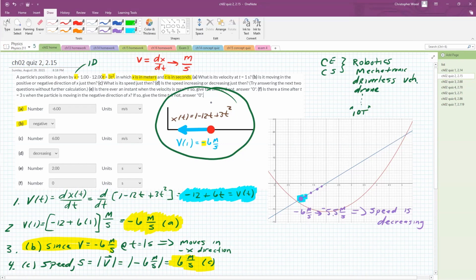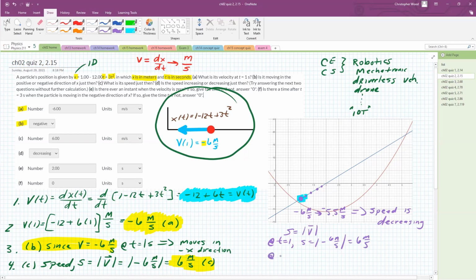Wait, it looks like your speed is increasing though. I don't see why I'm not getting that, because your dots are moving closer to 0, so they're getting bigger. Those values are getting bigger. They're getting smaller if you remember that speed is the absolute value of velocity. So at t equals 1 second, speed is equal to the absolute value of -6 meters per second, which equals 6 meters per second.